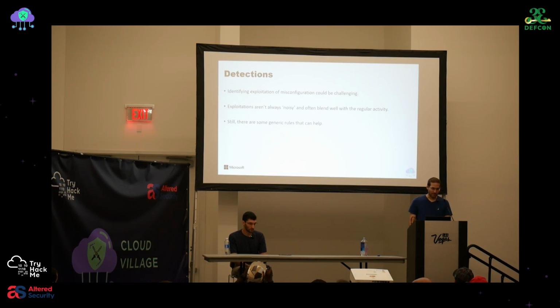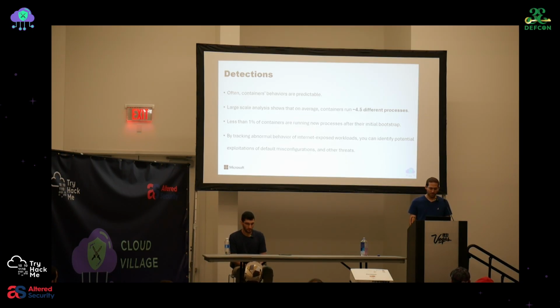So we talked about mitigations. Let's talk about detections. As we said before, it's difficult to have a generic rule that identifies exploitation of misconfiguration, but still we noticed something interesting. Many containers have predictable activity. It's not new. Containers usually run a single application, and therefore they behave quite consistently.